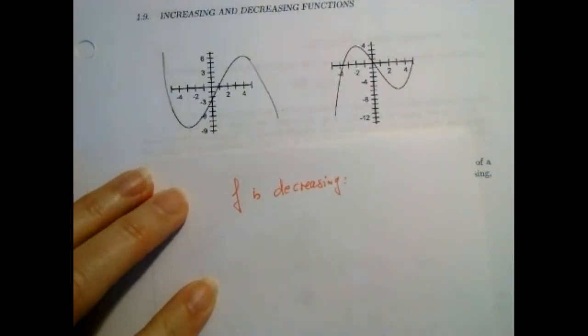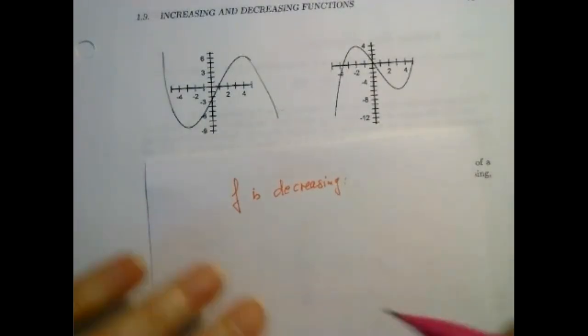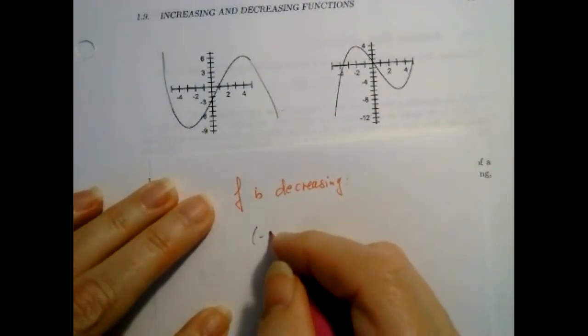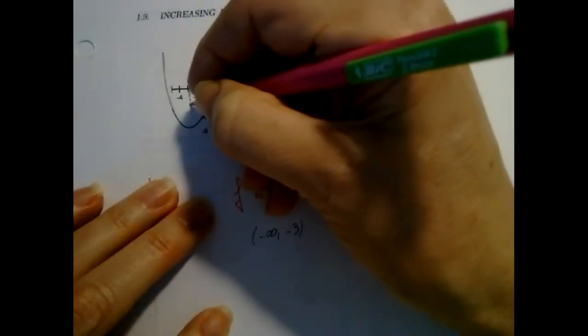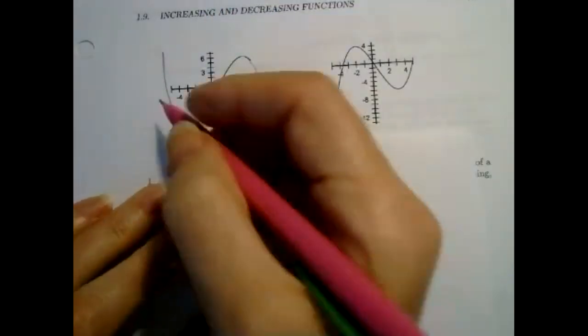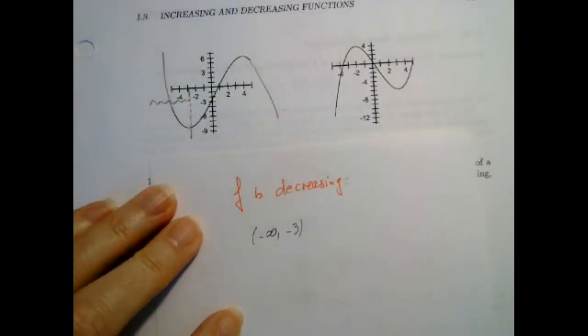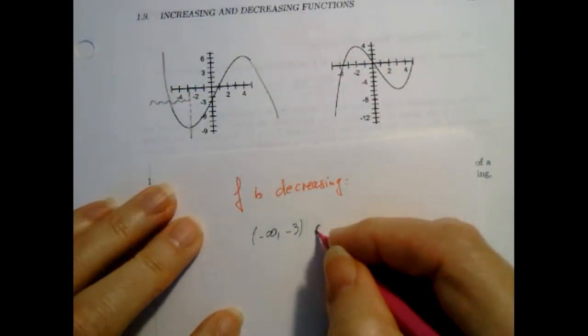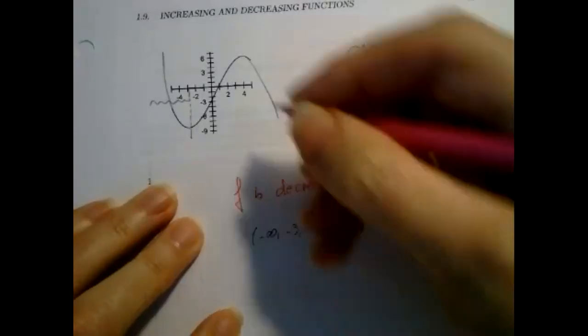Quickly, who would like to tell us? Negative infinity to -3. Up to here, the function is decreasing. Keep going. And 3 to infinity.